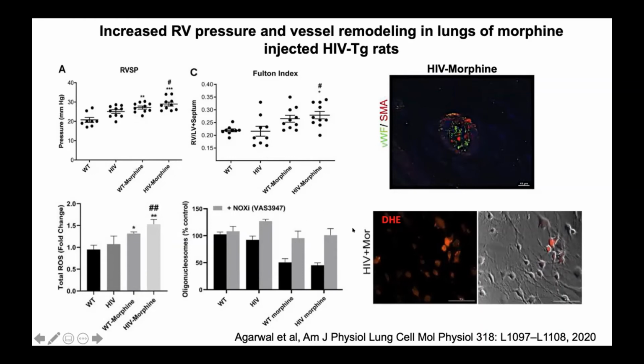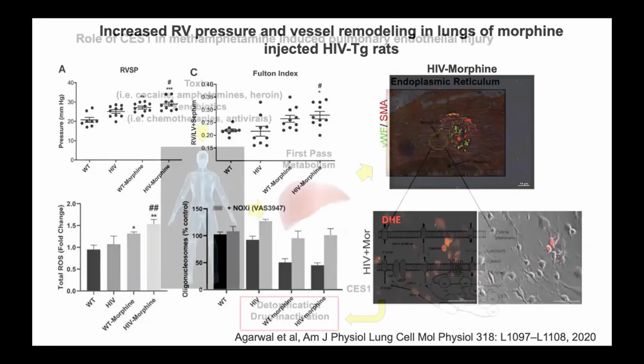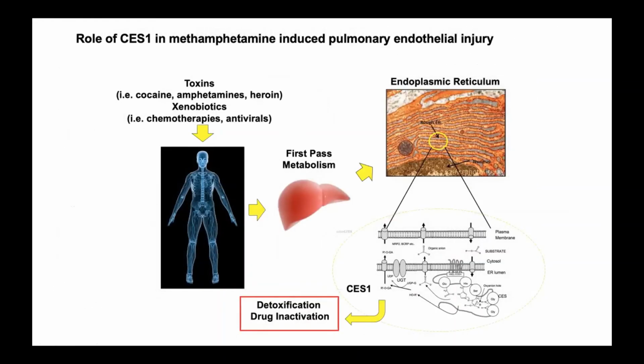Yeah, so continuing to the work that I'm doing here, we are working on meth-induced pulmonary endothelial injury, because you have heard before from Dr. Zamanian and also from Dr. Vinicio that meth-induced pulmonary arterial hypertension is a disease they are seeing in the clinic, and a lot of people who abuse methamphetamine are coming up with pulmonary arterial hypertension.